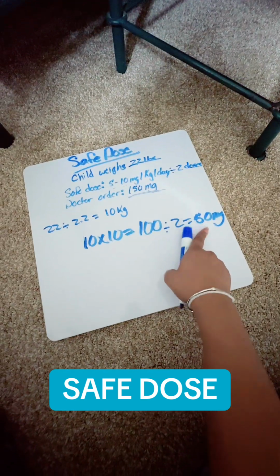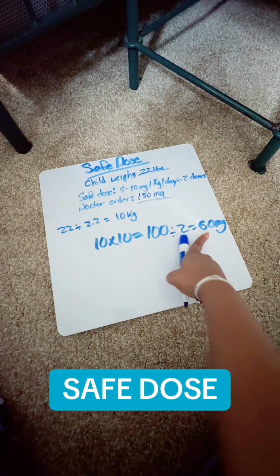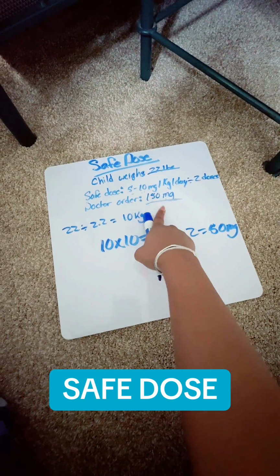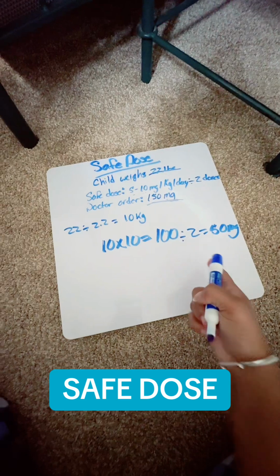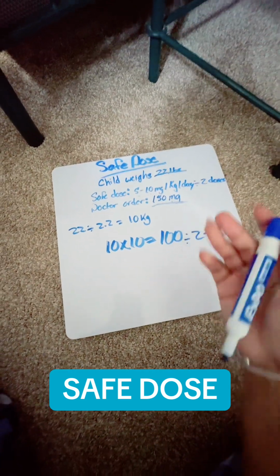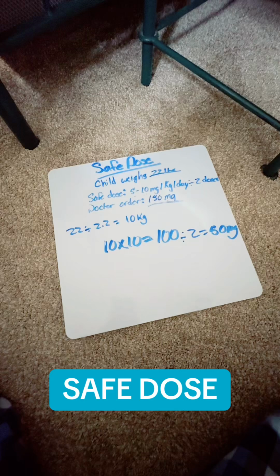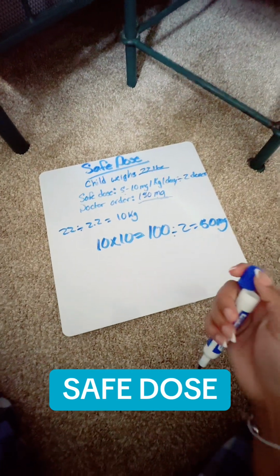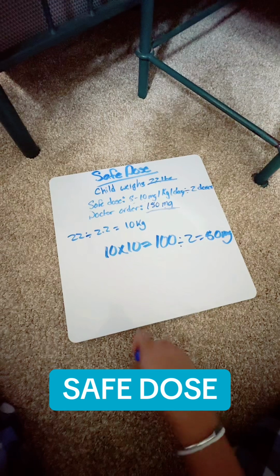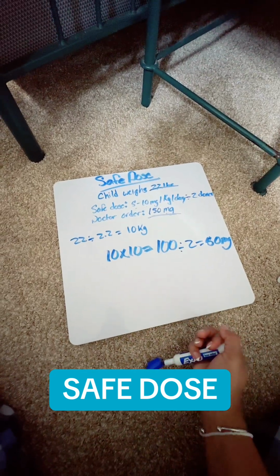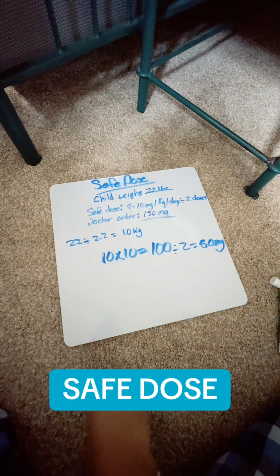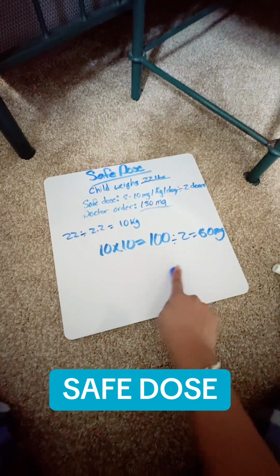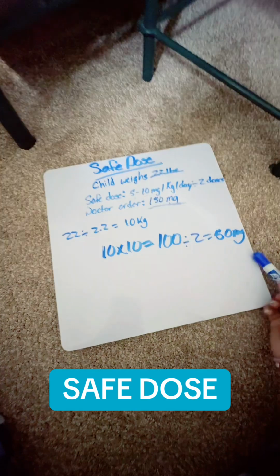That is your safe dose. So you know what that means? Our doctor's order is not safe. So you'll get a question like this, and it will say, is the dose safe or not safe? That's why I said your doctor's order is to just sit there and look pretty. You need to figure out, is it safe? What's the highest amount?